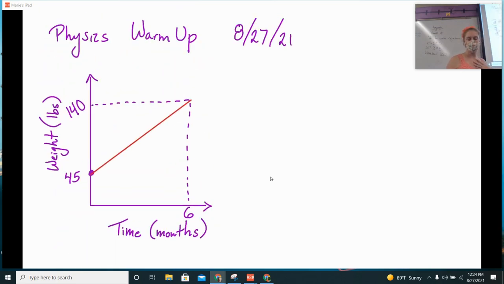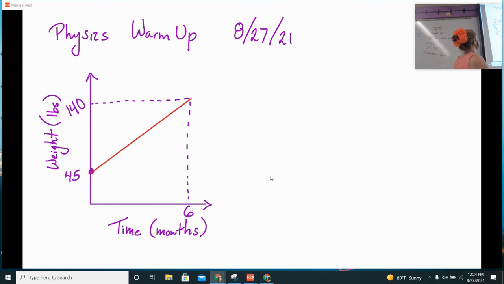So on here, I need to start with my y equals mx plus b equation. So I'm going to go ahead and do that. Y equals mx plus b. If I remember correctly, my y variable is what I'm going to put for y.